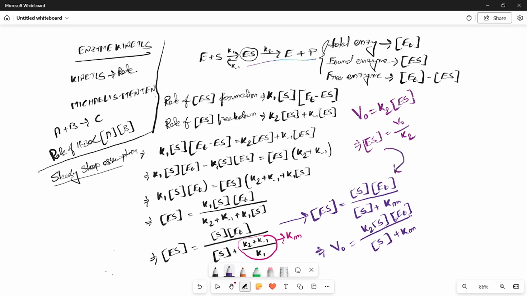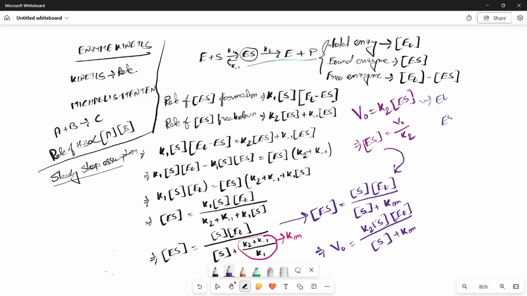Now understand a thing. If the entire amount of enzyme, that is the total enzyme, is turned into the bound enzyme, that will be the maximum velocity of that reaction, right? If ES reaches ET, that is the maximum enzyme concentration which is possible, then this is the maximum velocity.